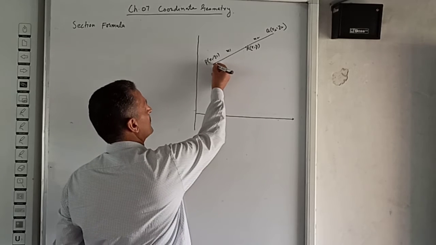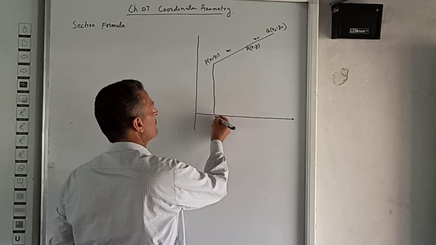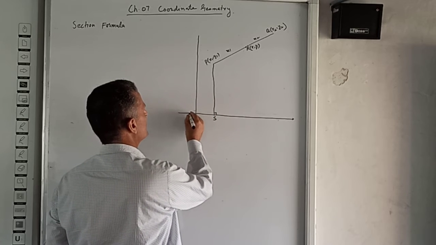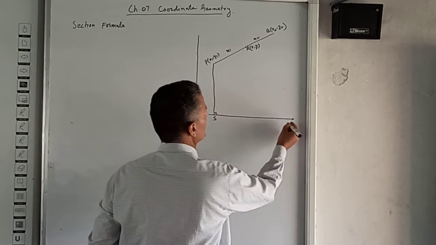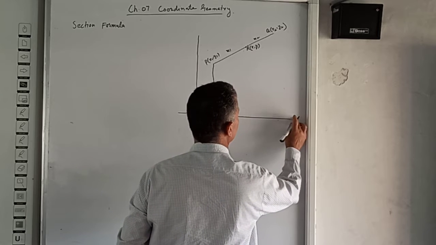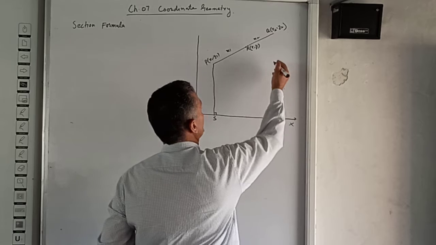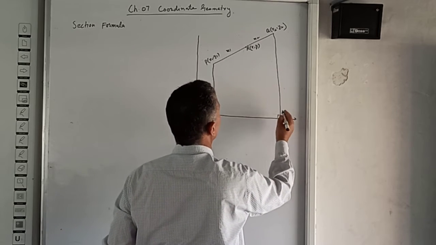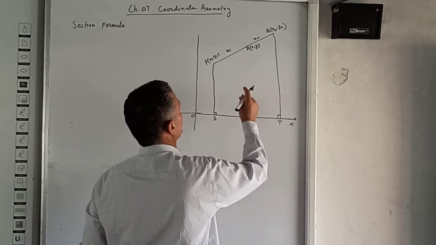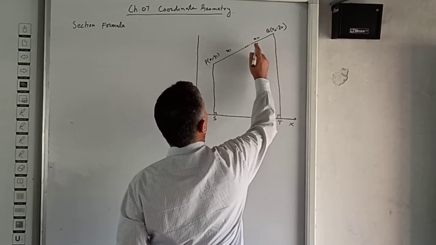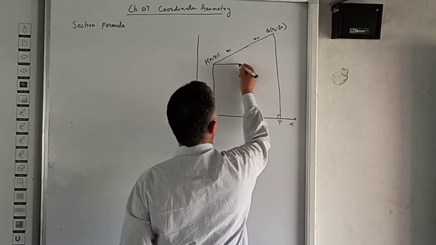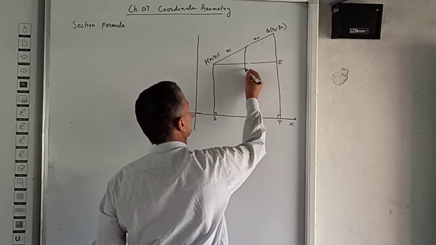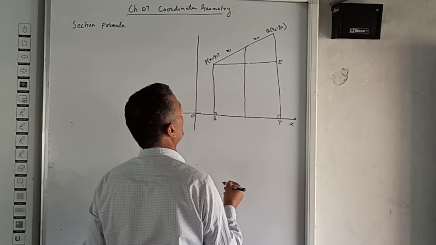So what we will do, draw PS perpendicular on this x-axis, and here draw perpendicular QT. We will draw a perpendicular line here, PE, perpendicular to this OT.